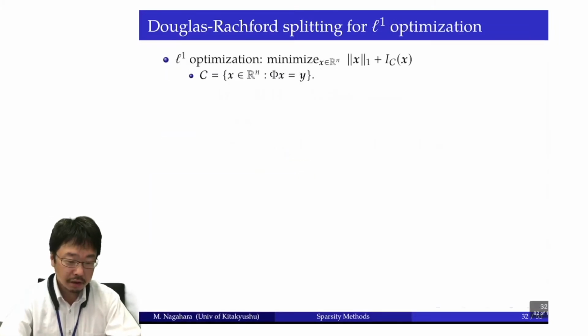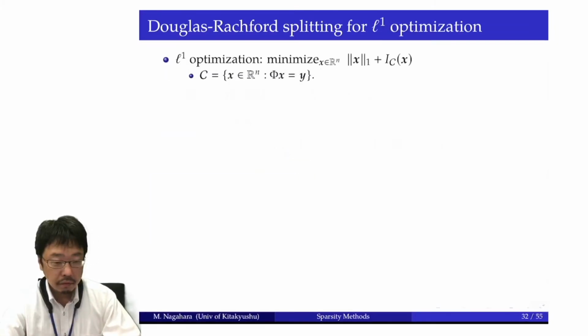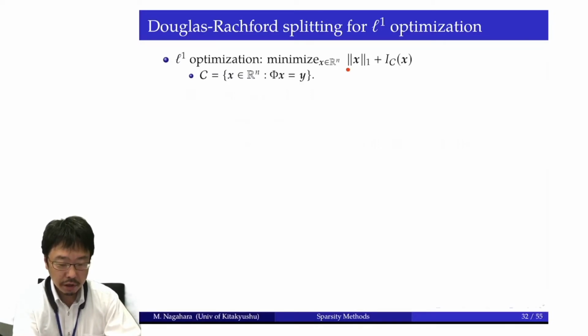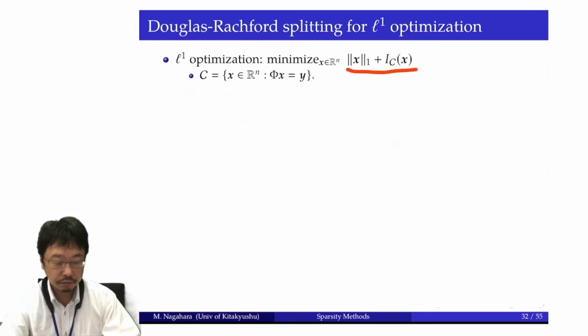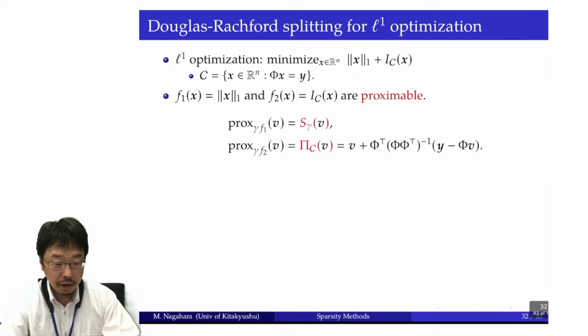Now let's go back to our problem. We had the cost function, the sum of L1 norm and the indicator function. Now f1 is the L1 norm and f2 is the indicator function, and they are proximable.